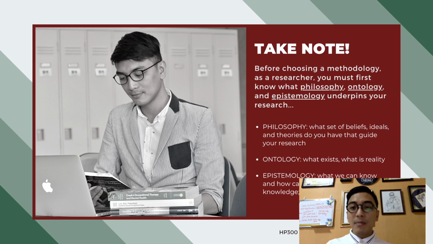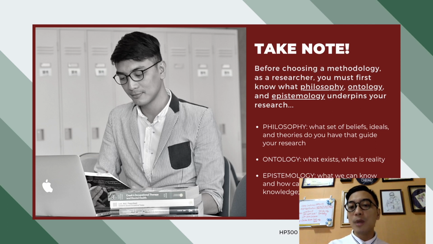So another reminder for all of you, before you choose a methodology as a researcher, you must first know what philosophy, ontology, and epistemology underpins your research. So you have to make sure that you know your philosophy, what set of beliefs, ideals, and theories you have, or you want to use to guide your research and to move forward with your research.